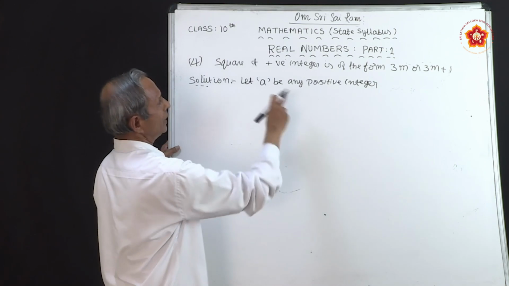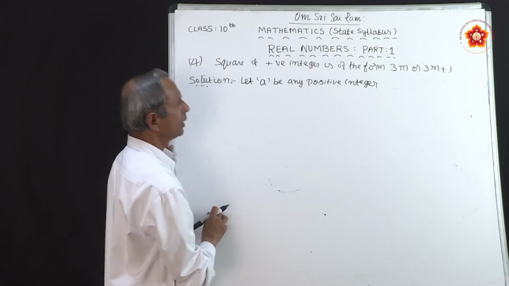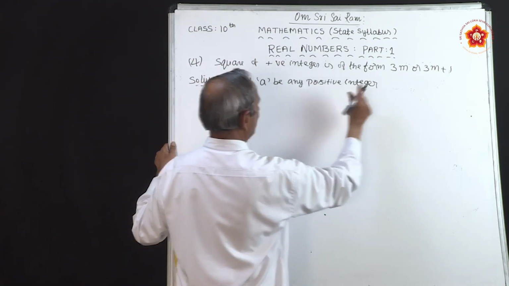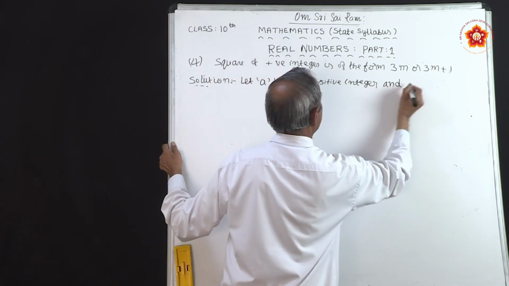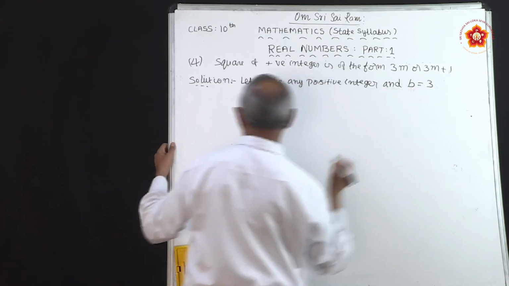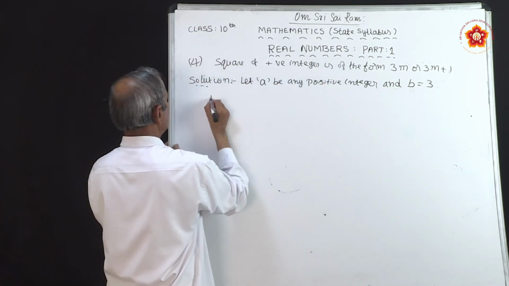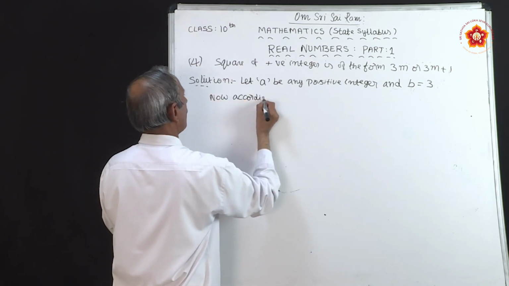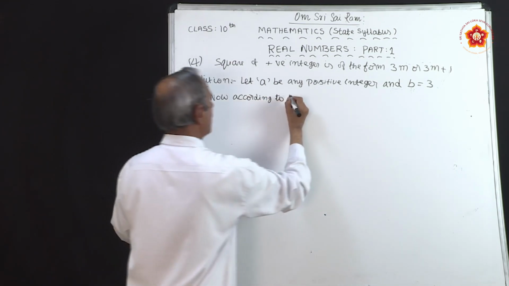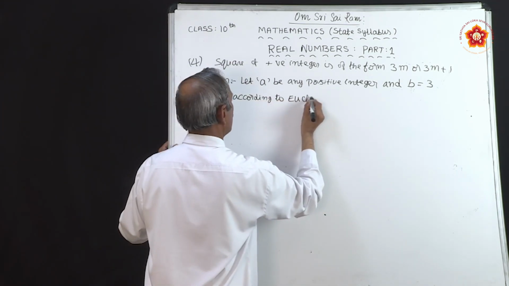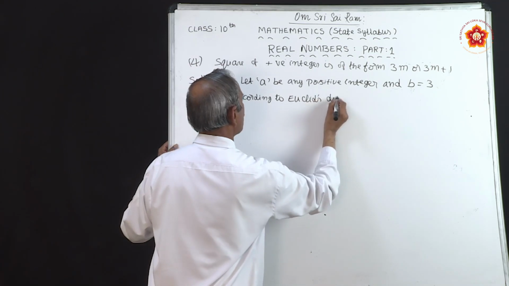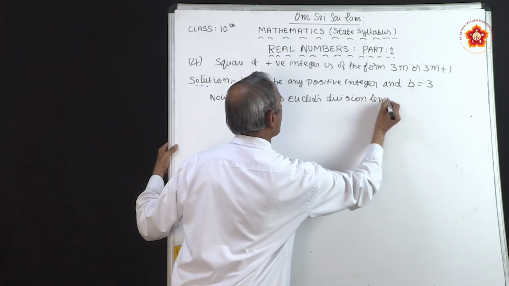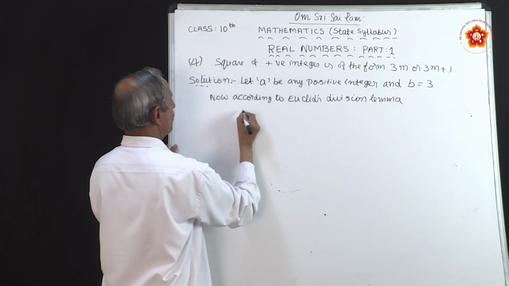Here we have to prove that it is in the form of 3m or 3m plus 1. Therefore, you have to take b value as 3. Let a be any positive integer and b is equal to 3. Now, according to Euclid's division lemma, we already know a is equal to bq plus r.